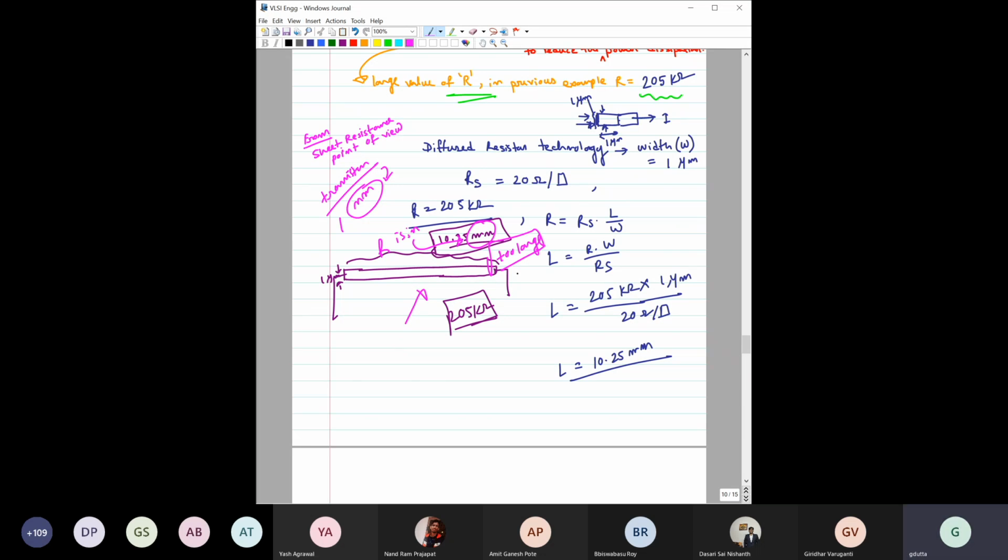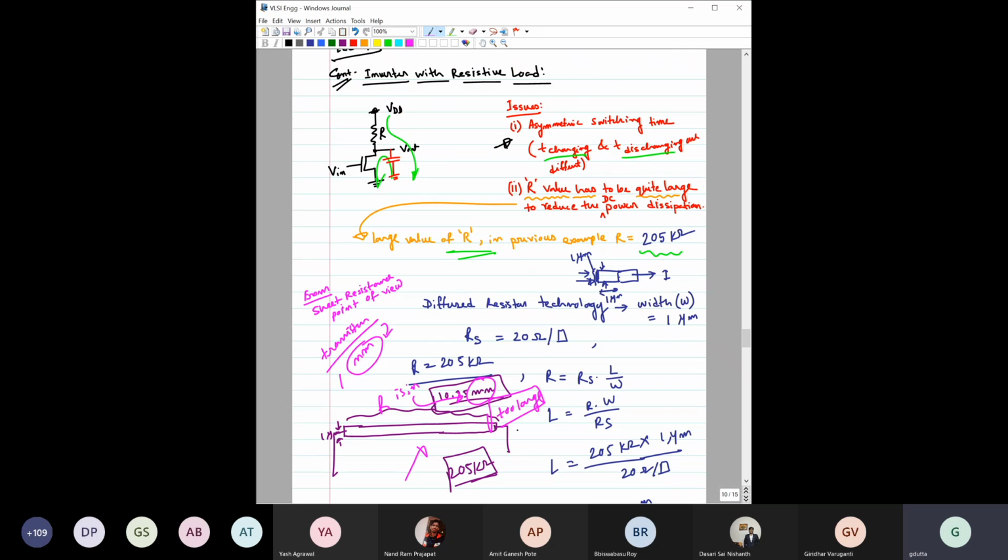So we have to find some technique by which we should be able to replace this R. We will see in the next example that there is a way that this R can be replaced by a MOSFET as well.